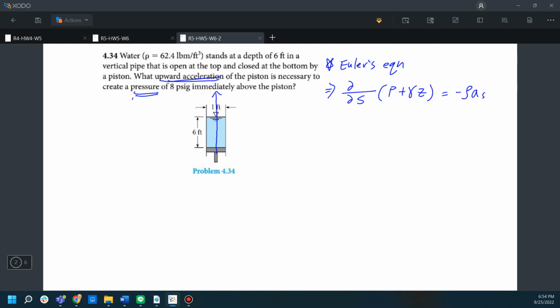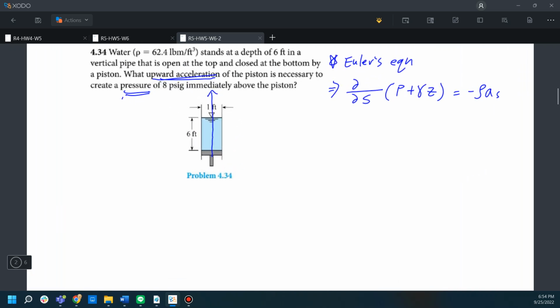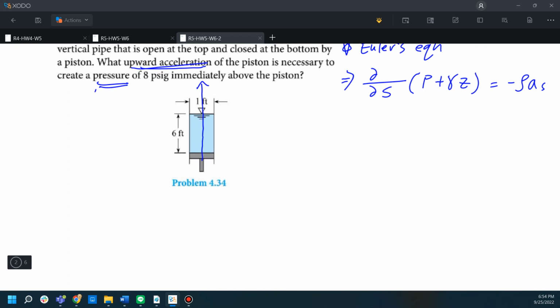And to do that, we will define these points on the top of the piston as point 1, and these points at the surface of the water as point 2.